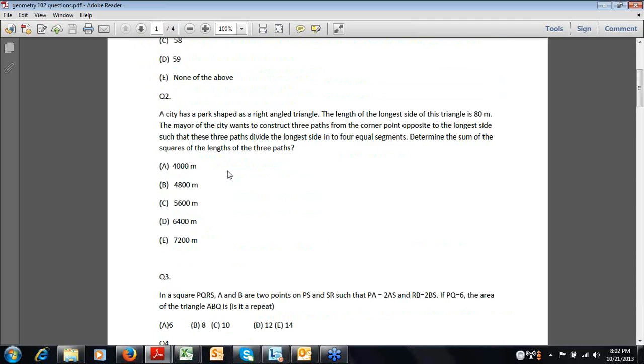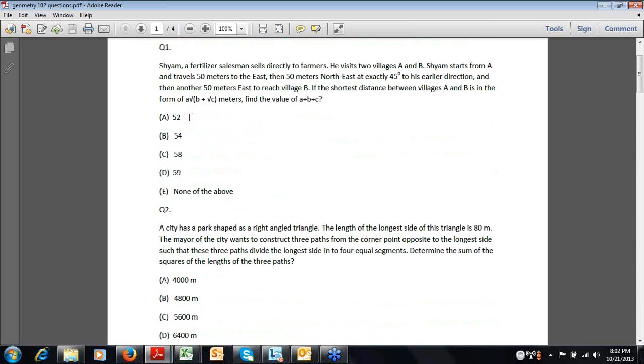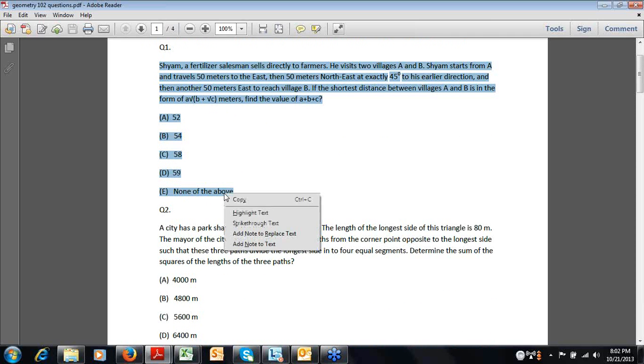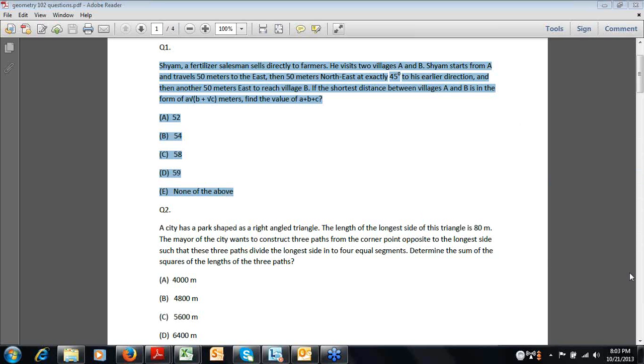There is some problem with copy paste in this, so let's see. I'll try to copy paste each question one by one. Yeah, you can actually take a screenshot as well, so it's not a problem.